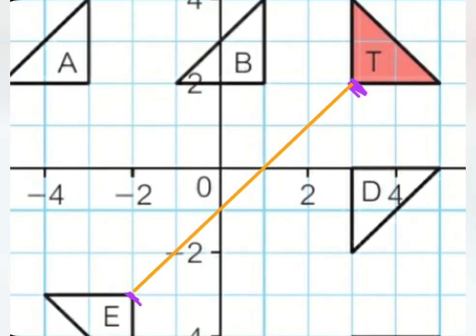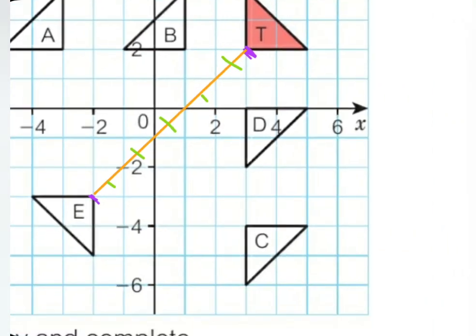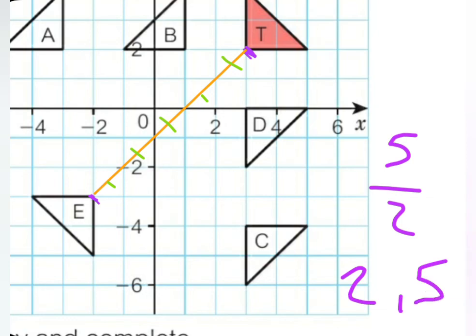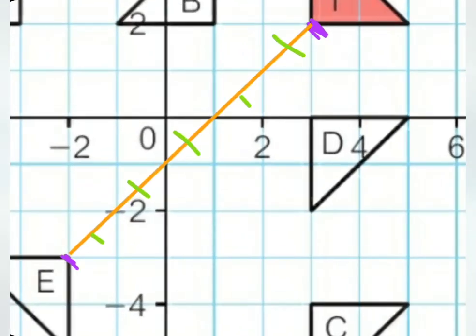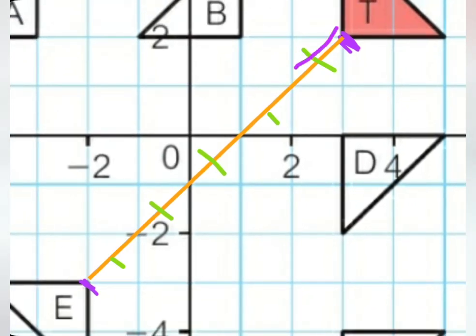Now, second thing we do, we measure how many boxes we used. We used 1, 2, 3, 4, 5 boxes. Now, to find the midpoint between them, 5 divided by 2. Because 5 boxes divided by 2, it's going to be 2.5. So 2.5, very good. So it's going to be 2.5 boxes. So we go 1, 2, and a half, which is here.